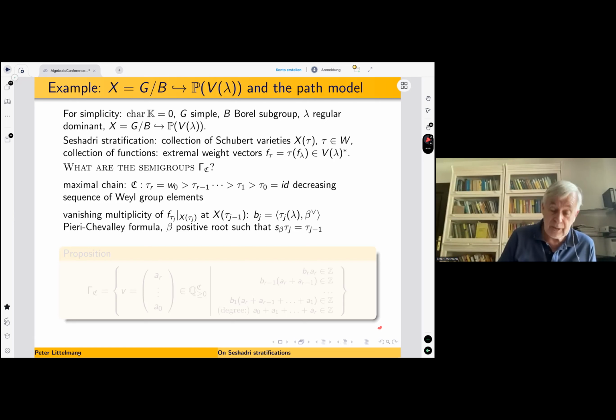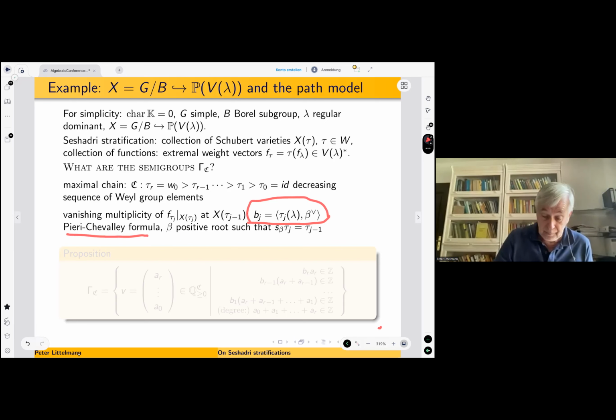Here one has a nice formula, namely the Chevalley formula, which gives me these numbers. I just apply my Weyl group element to my highest weight lambda, then I can always find a positive root such that multiplying tau j with this gives me the corresponding element in the maximal chain, which is below it. And I have to evaluate on the coroot of this.